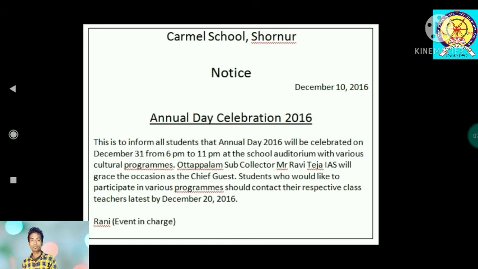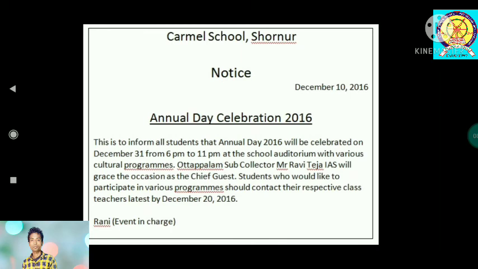Sub-collector Mr. Ravi Teja, IAS, will grace the occasion as the chief guest. So there should be one guest.